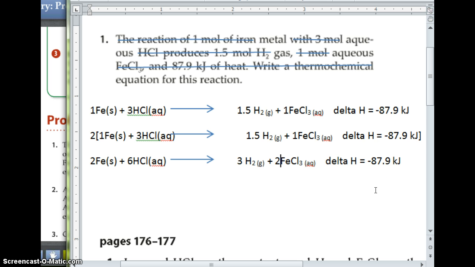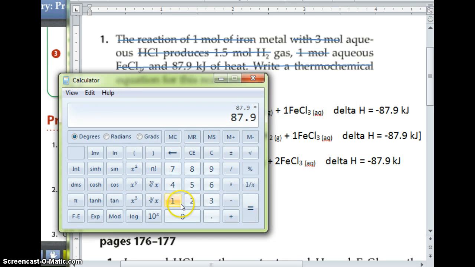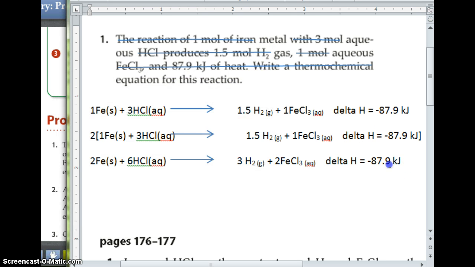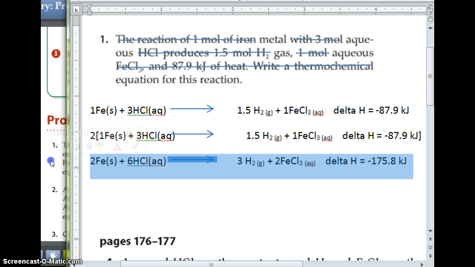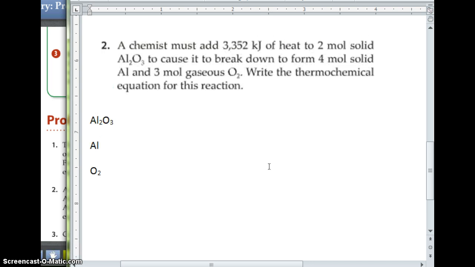Am I done? No. We've got to multiply the 87.9 times 2 as well. So it'd be negative 175.8. So this answer is more correct, but the other answer is all that the book expected you to be able to do. All right, let's go ahead and look at problem number 2.